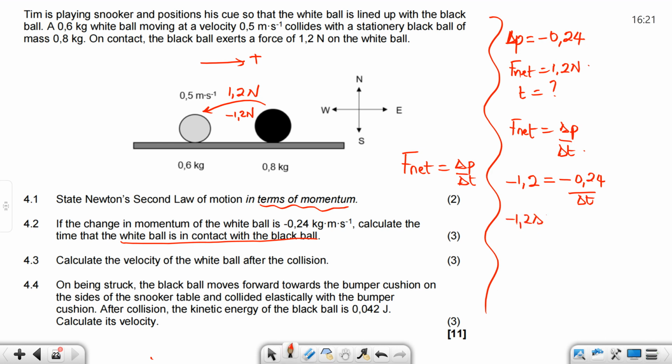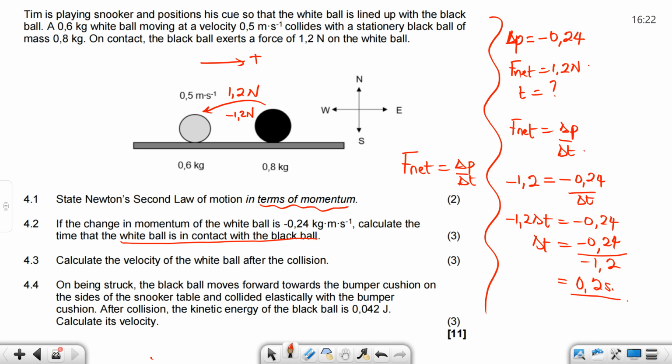Negative 1.2 delta T equals negative 0.24. Then we divide so that we can see if there is any discrepancy. It's 0.2 because half of 24 is 12, and I see that number here. 0.2 what? Seconds.